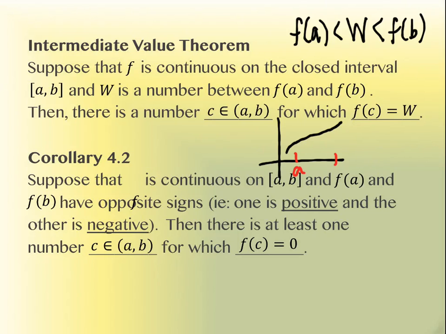Here's A, here's B, and over here somewhere are f of A and f of B. If you pick a point somewhere between f of A and f of B, there's a point that it corresponds to, and that x value, which they're calling C, is between A and B. The only way that could not happen is if the graph jumped around, or had holes in it, or asymptotes, right? And it can't. Why?